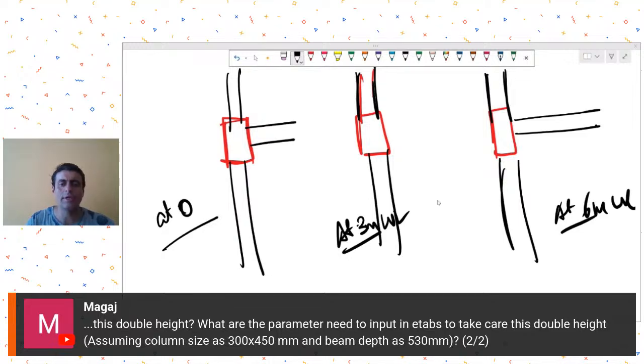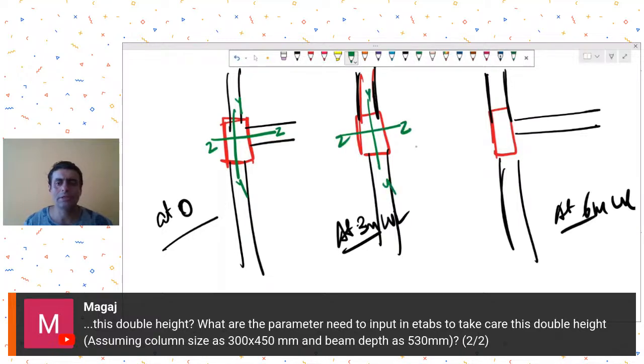See, if you are doing it in ETABS, don't do anything. ETABS is able to consider these things on its own. So you can check yourself. Let's say you are doing, first of all, the effective length method. So if you are doing the effective length method, you can go to the ETABS output and you can check the effective lengths that the software is considering.